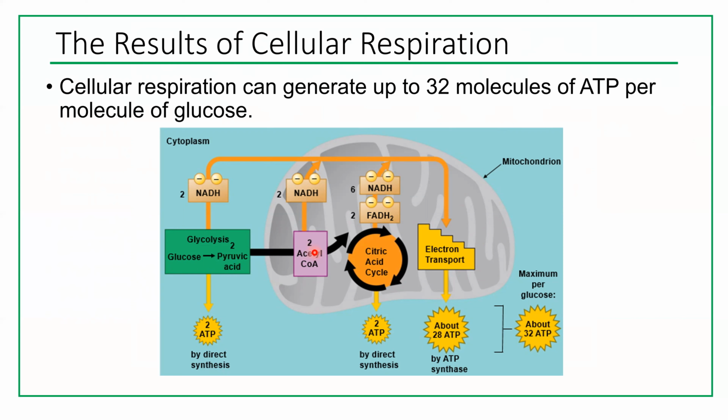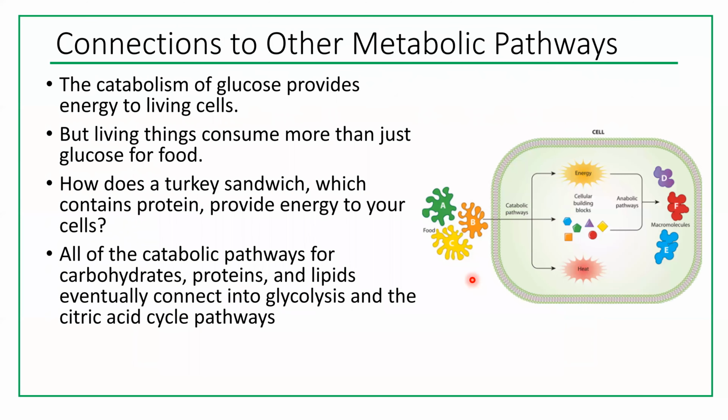Right? Glycolysis, AcetylCoA, citric acid cycle, electron transport chain. This is called catabolism of glucose because every time you break a larger molecule into smaller ones, this is catabolism. The catabolism of glucose provides energy to living cells.